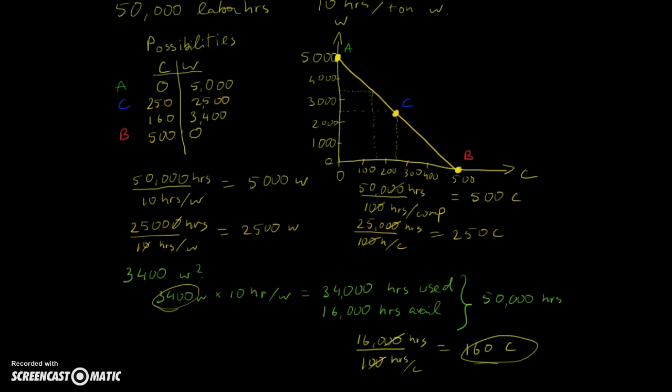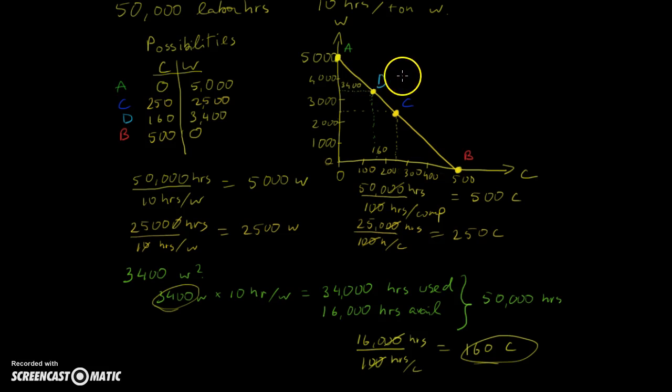Let's call that point D. And let's see where it's located on our axis. It's going to be somewhere here. Let us mark it just like we have marked the other points. The point is right here, where there's 3,400 tons and 160 computers.